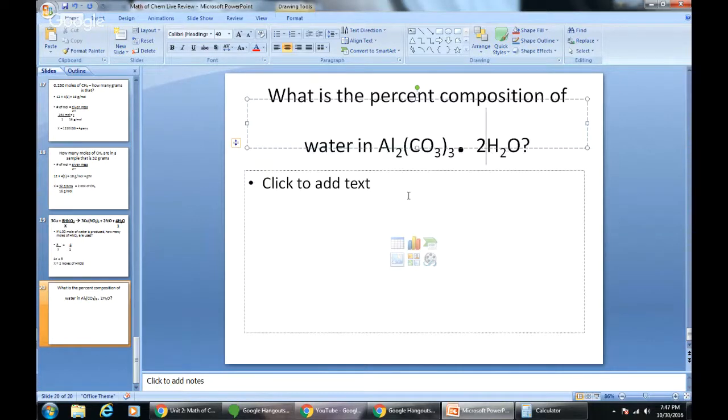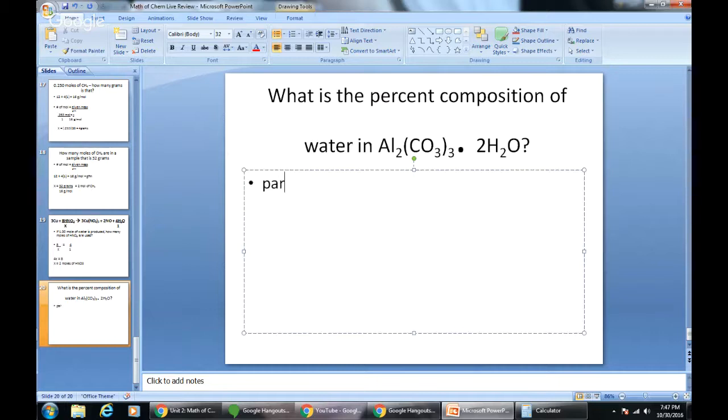Percent composition is always part over whole times 100. The part is water. How do I know it's water?